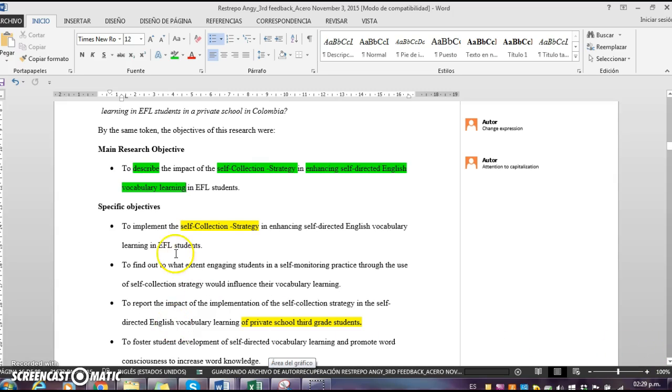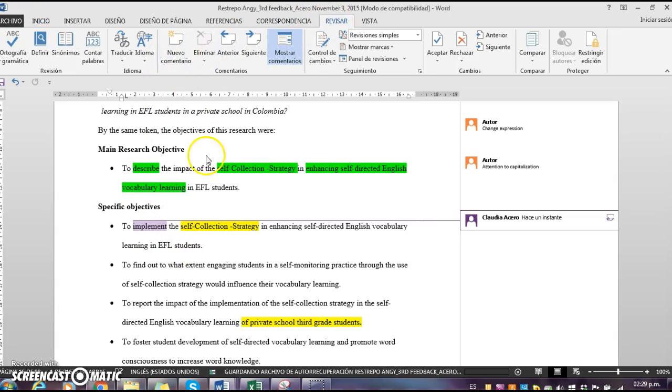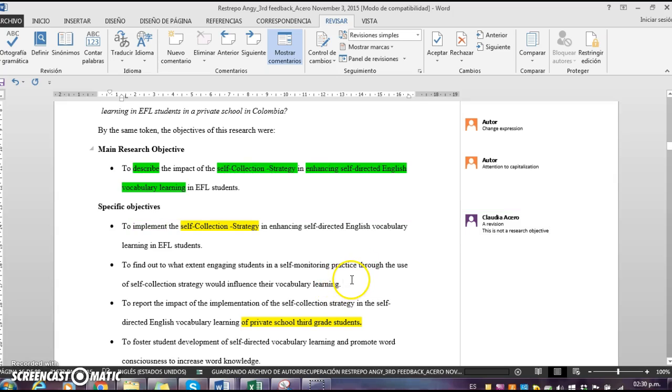With the objectives, probably this one requires a revision because part of the pedagogical implementation was the implementation of this. So this is not a research objective. This is not a research objective. So what did you actually want to find out with the research?